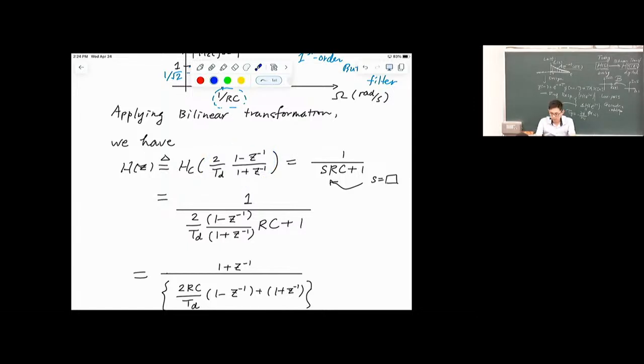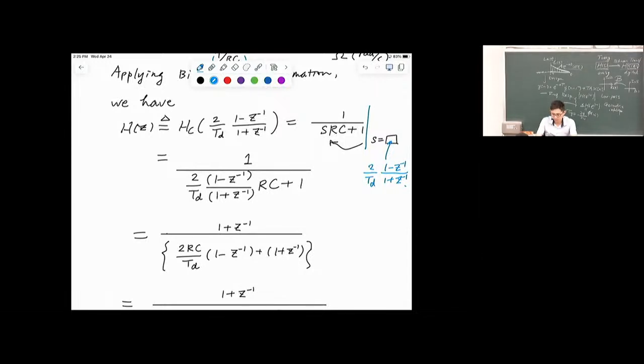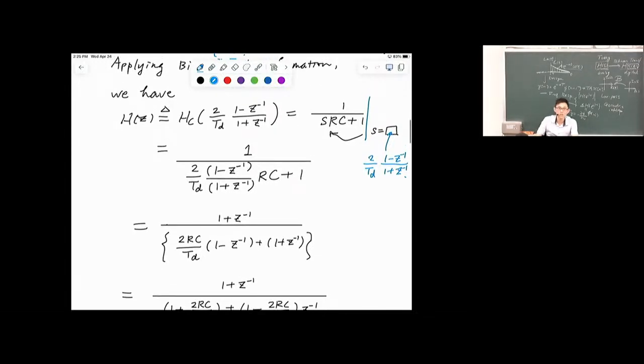Wherever we see S, we are going to evaluate the transfer function by replacing S with 2 divided by the parameter Td times 1 minus z inverse divided by 1 plus z inverse. This is how we make the replacement. Plug it in. The rest are just details.